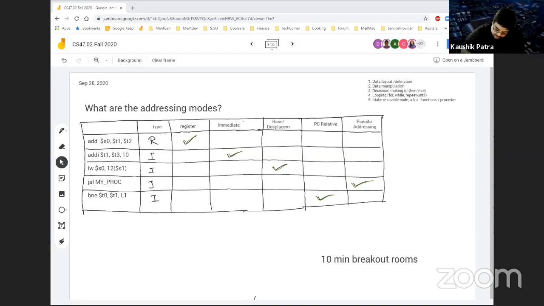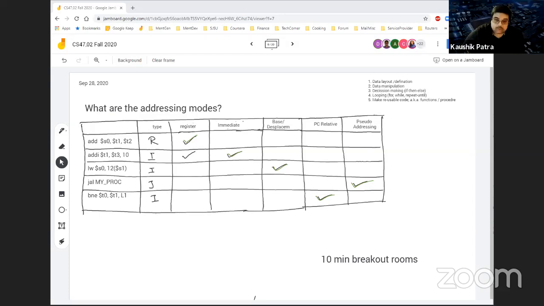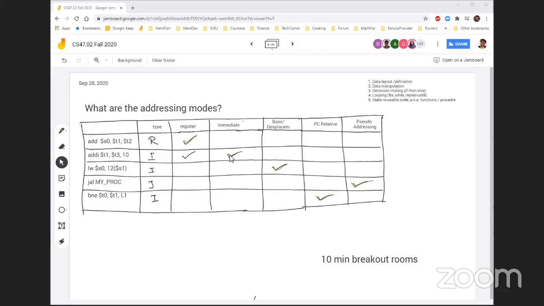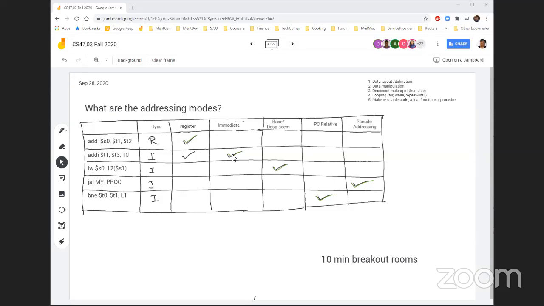So you are saying that this is both register and immediate. Can you tell us a reason? Because the assembler would have to get the address of the register and use that immediate value.